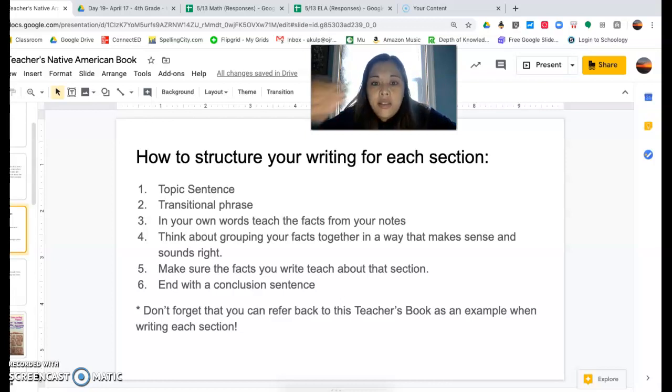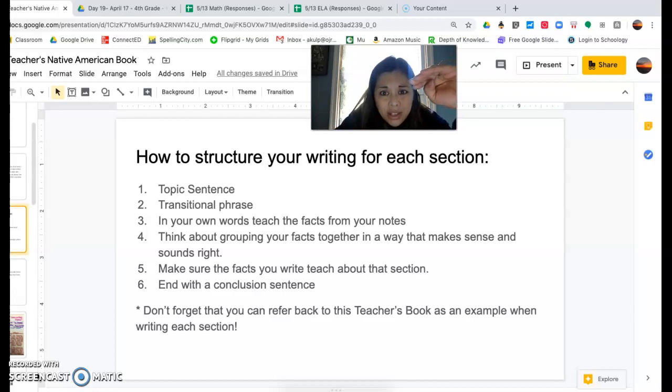When adding the facts, you need to make sure of a few things. 1, that you group your facts together in a way that makes sense and sounds right. Because you collected all different facts, you might, just as an example here, have a fact about how they used horses, and that's the first fact you wrote down. And then you wrote a bunch of other information, nothing to do with how they used horses.